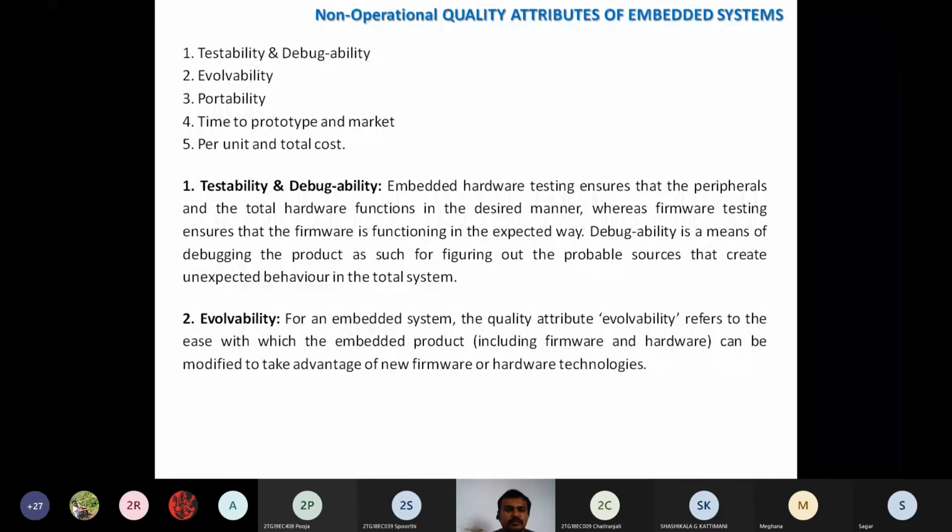Means when it is in off mode, after testing and debugging, if we want to upgrade the firmware or the hardware, then that must be supported by that embedded system. Means I want to replace the operating system from older to newer, or I want to replace the chip from older chip to new chip. Then evolvability tells that it must be supported by that embedded system.